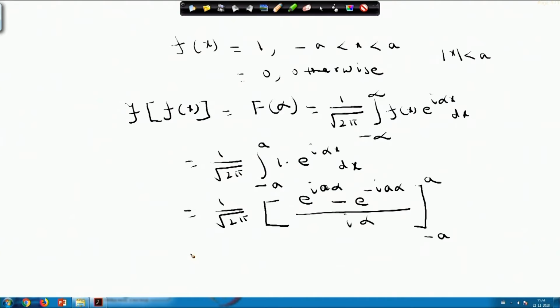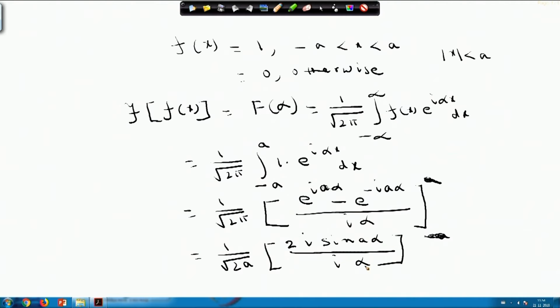I have already substituted the limits. We can write e to the power i a alpha minus e to the power minus i a alpha as 2i into sine of a alpha, divided by i alpha.